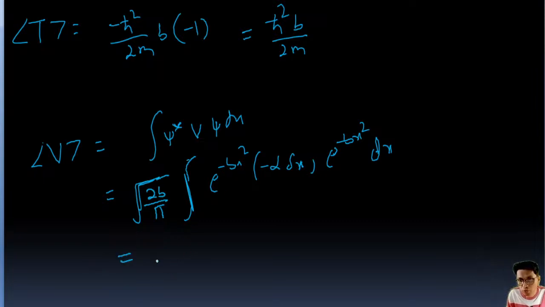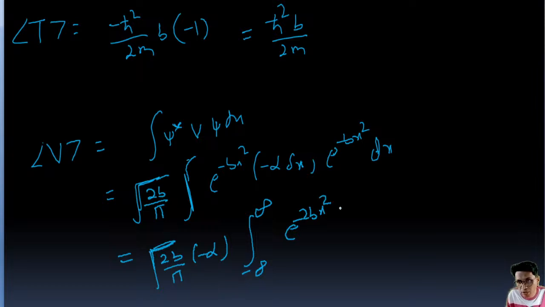So this is going to be root 2b upon pi, and we'll take minus alpha as common. Into minus alpha we have taken common, it is going to be integration from minus infinity to plus infinity, e to the power minus 2bx square.